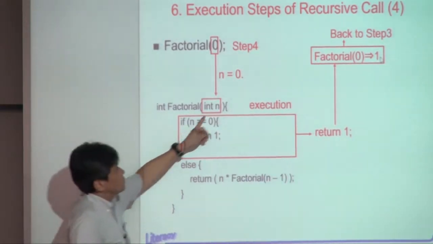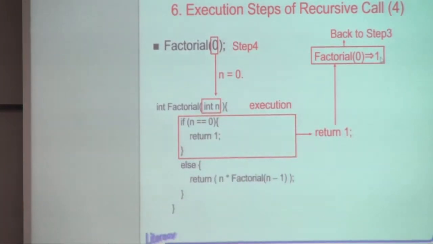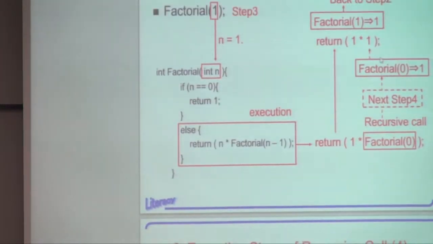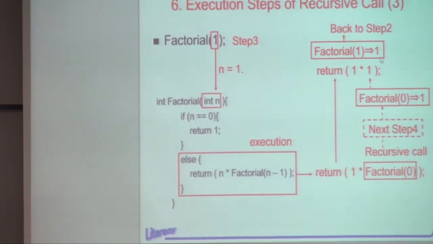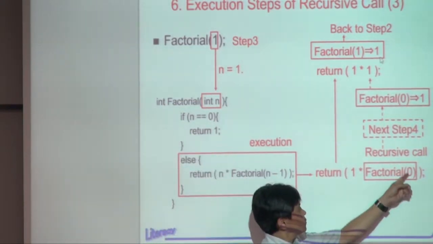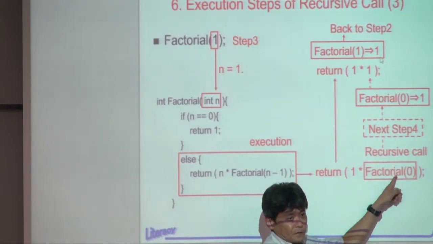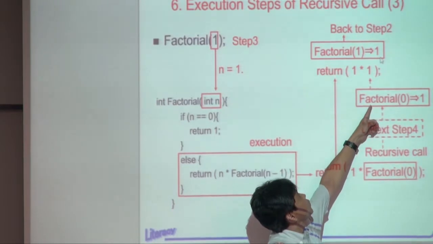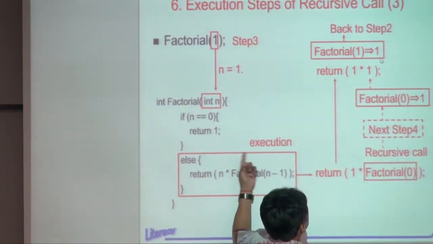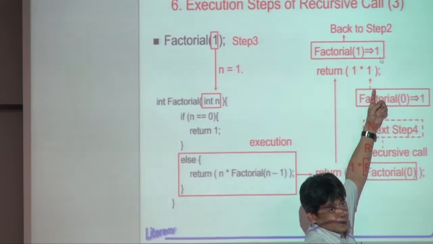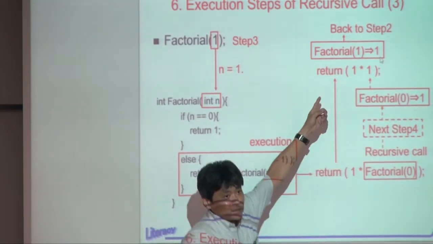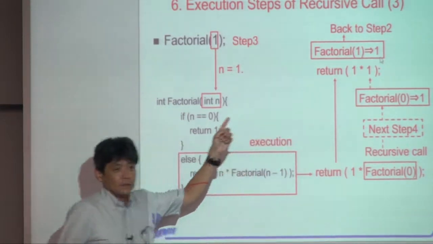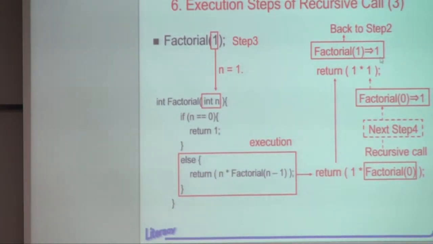Once factorial 0 is calculated, you go back to the previous page. Factorial 0 is calculated as 1, like this. So this part is calculated as 1 multiplied by 1, and factorial 1 also becomes 1.